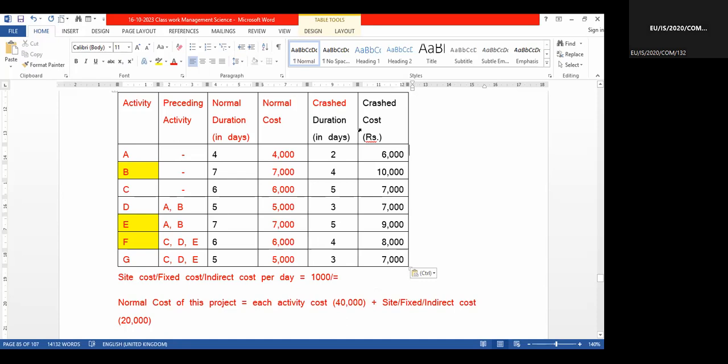What can you see by looking at it, whether it increases or decreases? Increase. Why has it increased?